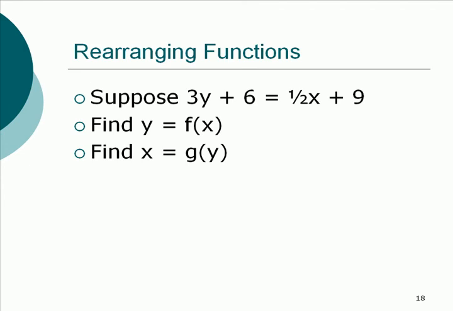We want to write y as some function of x, and we want to write x as some function of y. Let's start with the first one. Let's find y as a function of x. That means we want to solve it for y.